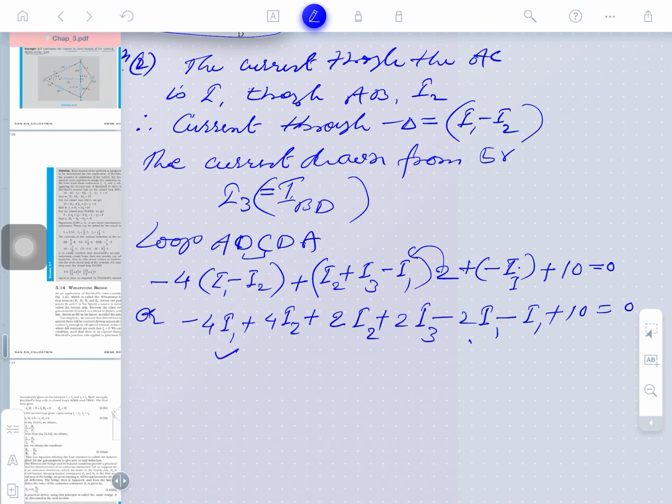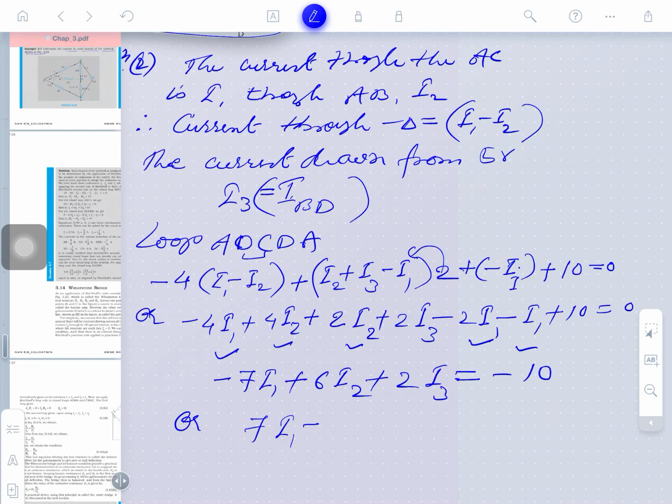How many I1s are here? 7 times I1. I2 is 6 times, and I3 is 2 times, equal to minus 10. Or this can be written as 7 of I1 minus 6 of I2 minus 2 times of I3 is equal to 10. This is relation 1.